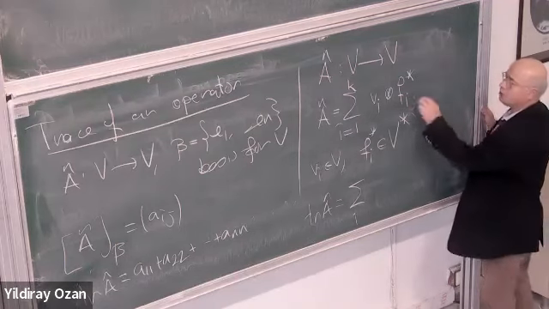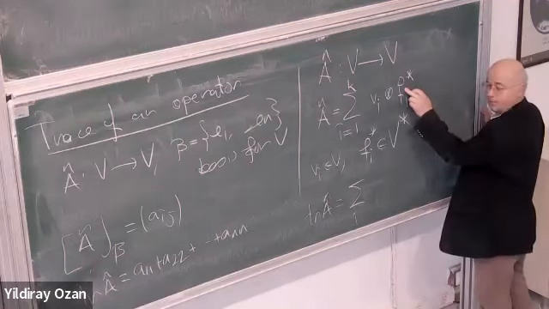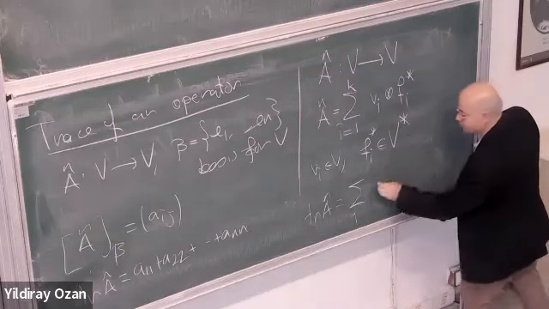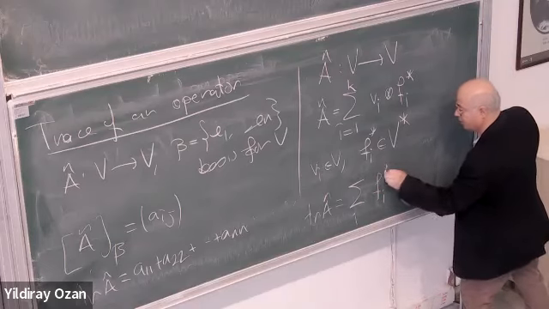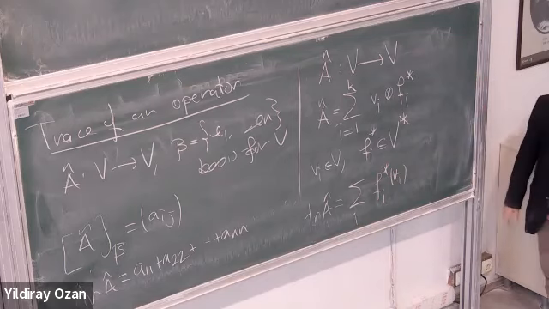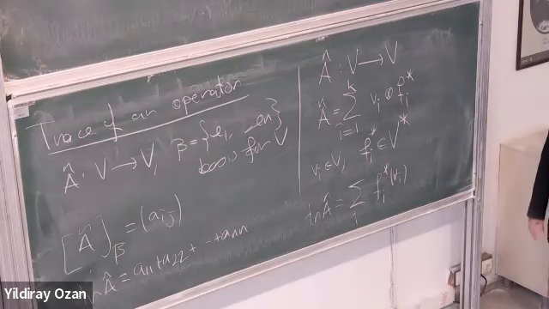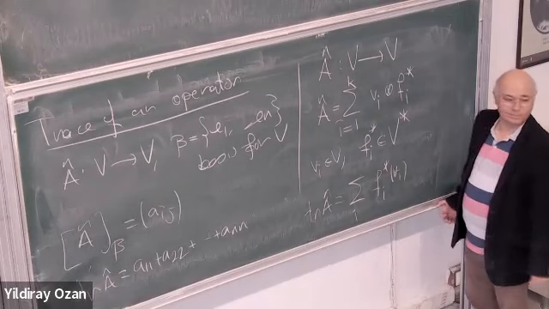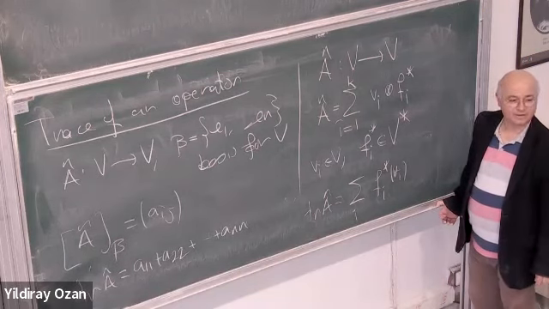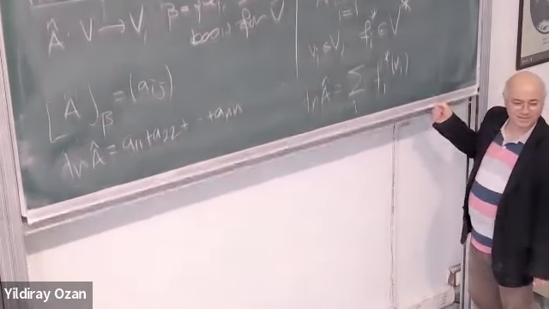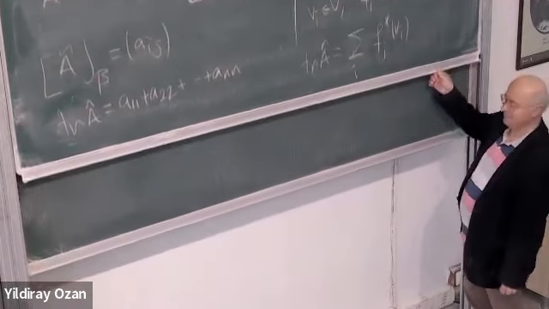So what you do, you just feed each covector with this vector, you get the scalar and add them up. Okay. This is equal to this scalar.